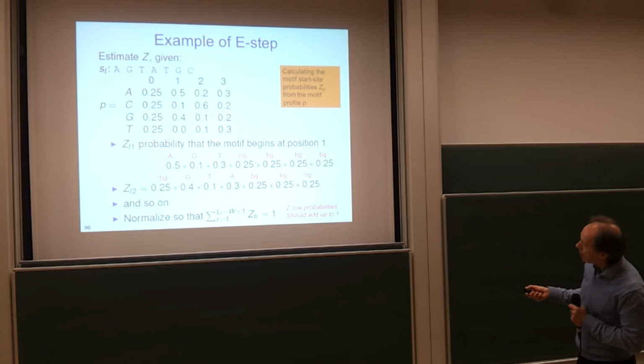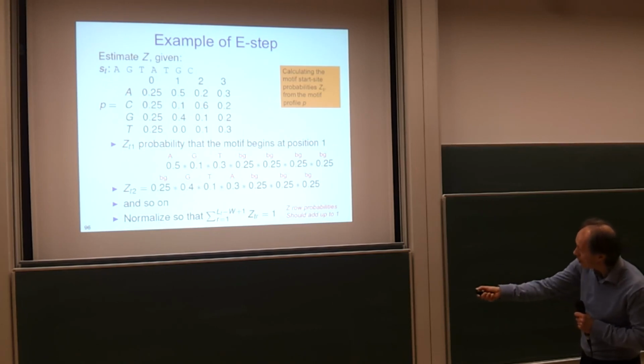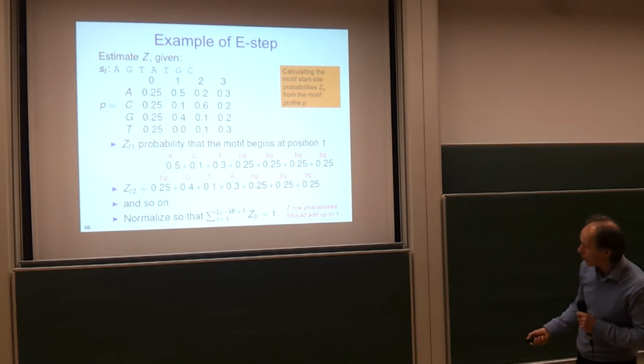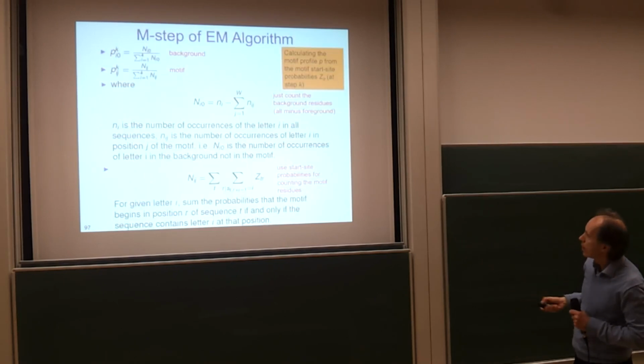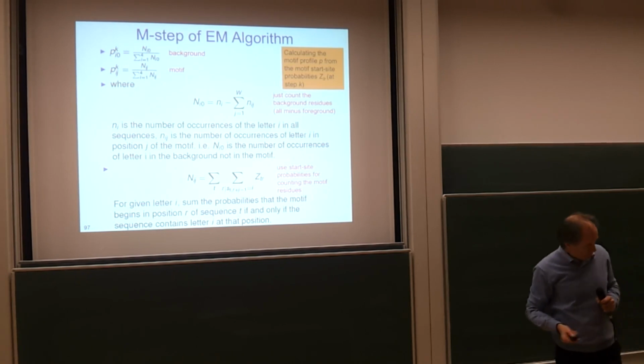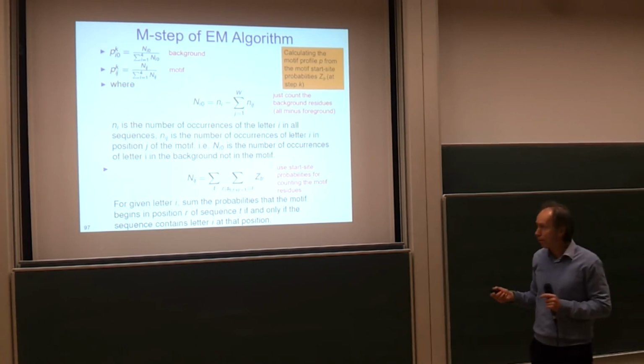And if you want to find out the motif GTA from position 2, you would fill in the background and these letters, and again you shift from position 1 to position 2, and you would normalize it, because again the Z row probabilities should add up to 1. That was the E step, the expectation step, using these start site probabilities.